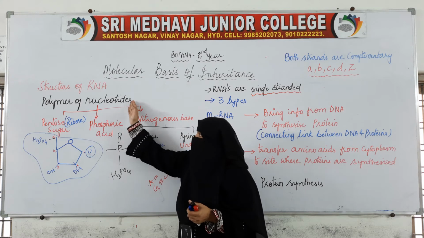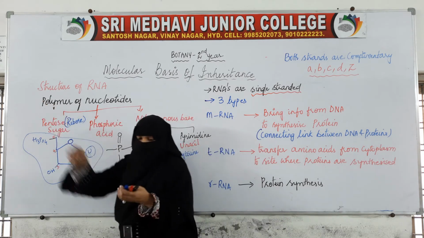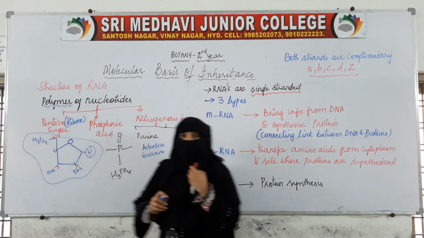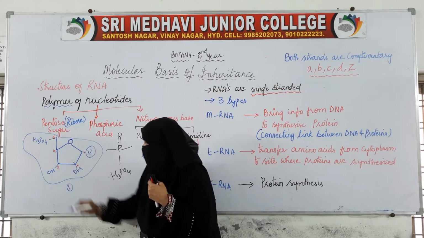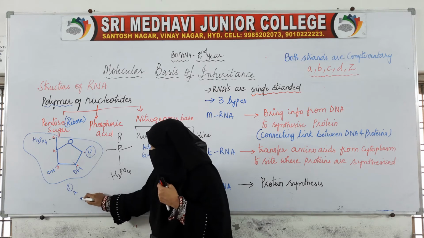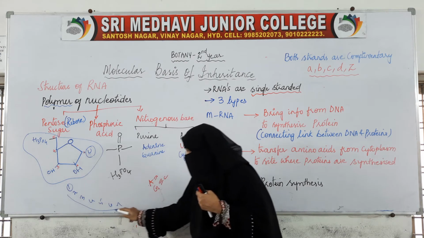Like this, many nucleotides will make a polymer. For example, if I name this first, again the same will be the second, the same will be the third, fourth, fifth, sixth, seventh. So this is a polymer.